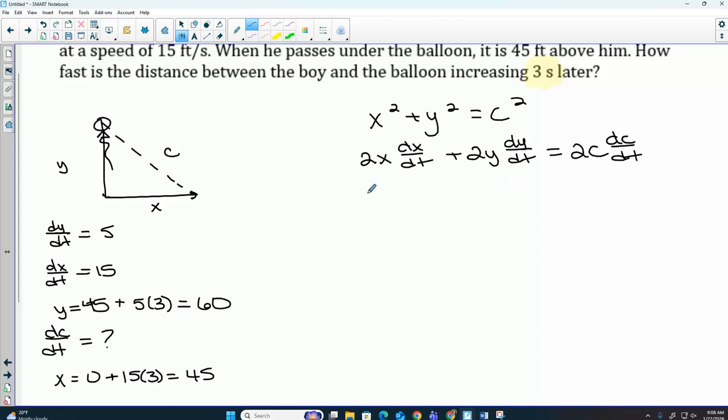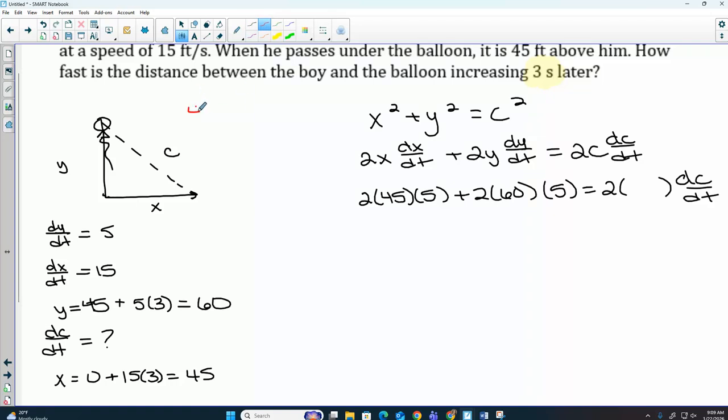So if we plug in, my x is 45, dx dt is 5, y is 60, dy dt is 5. Equals 2. I don't know c, and dc dt is what I'm trying to find. So how do I find c?